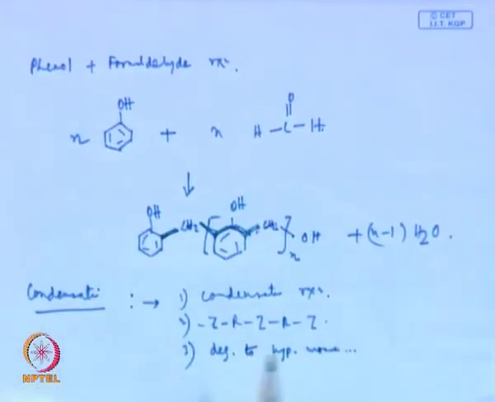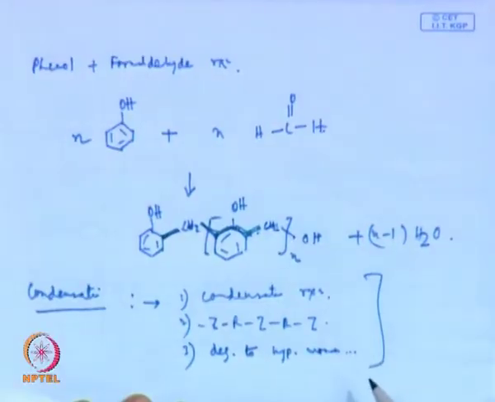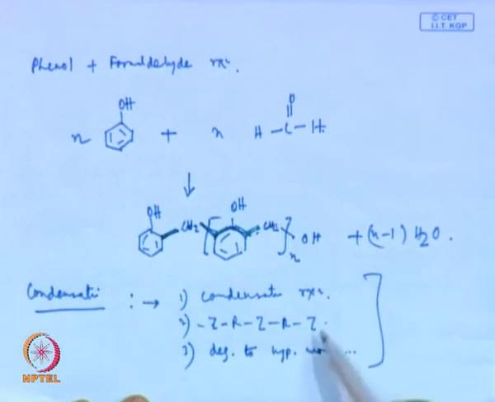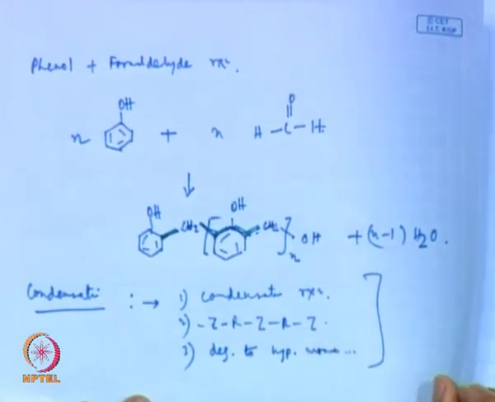It is synthesized by condensation reaction, or it has a functional group in the backbone, or you can imagine that it has been synthesized from monomers by elimination of small molecules. And any polymers which do not fulfill any of these criteria, we classify as addition polymers.